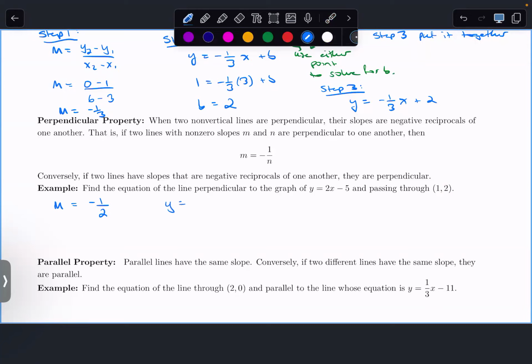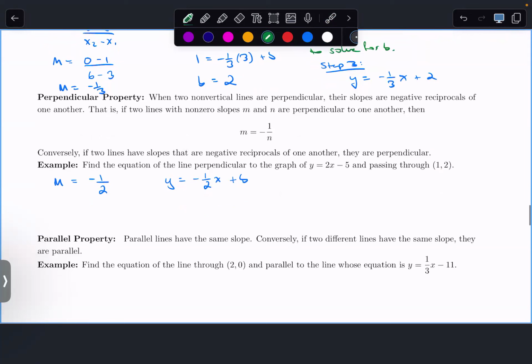So this new line, y equals negative 1 over 2x plus b, has to pass through 1, 2. That's a condition. So I'm going to use that. So 2 must be negative 1 over 2 times 1 plus b to solve for b. So I get 2 plus 1/2 is equal to b.